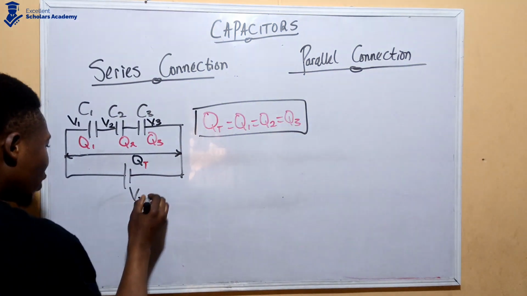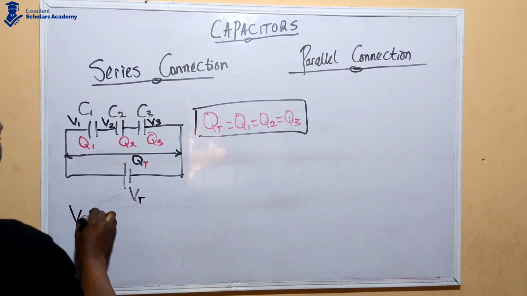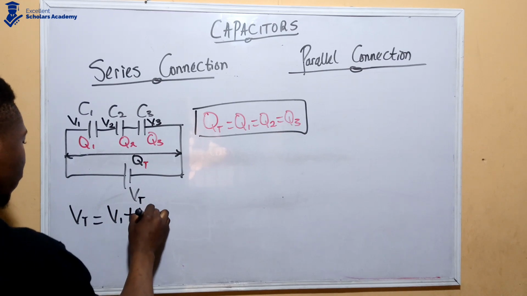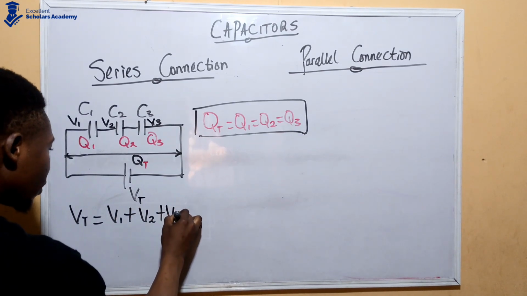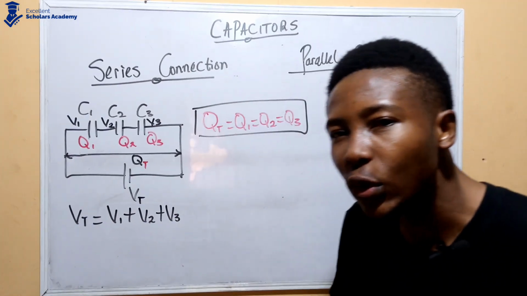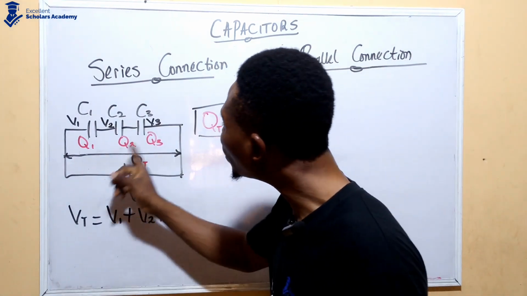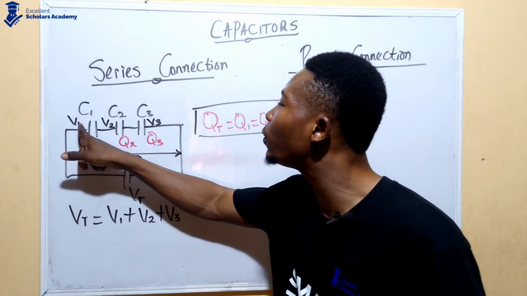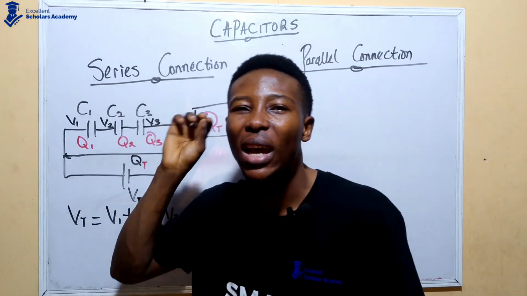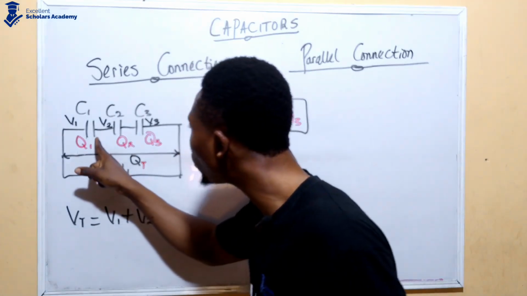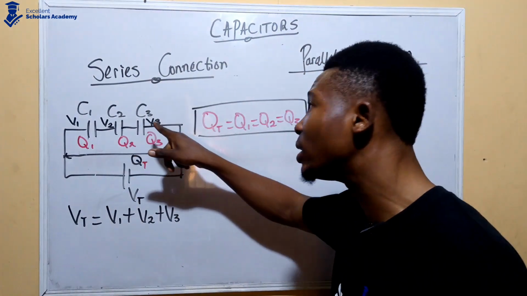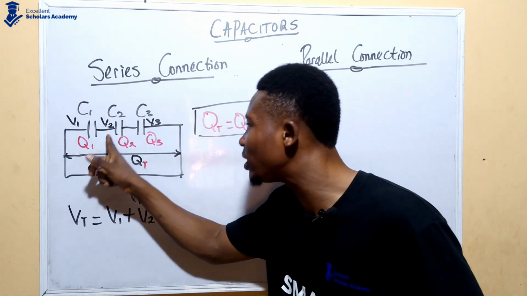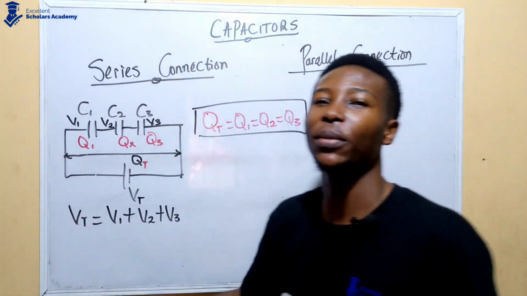Let's say this is the total voltage. The total voltage is going to be equal to V1 plus V2 plus V3, because the voltage on each capacitor differs. The voltage flowing through here is not the same as the voltage flowing through here, but the charge flowing through each of them is the same.